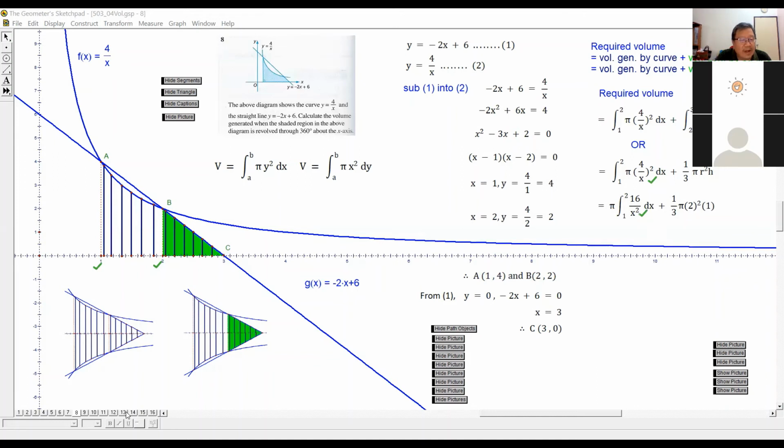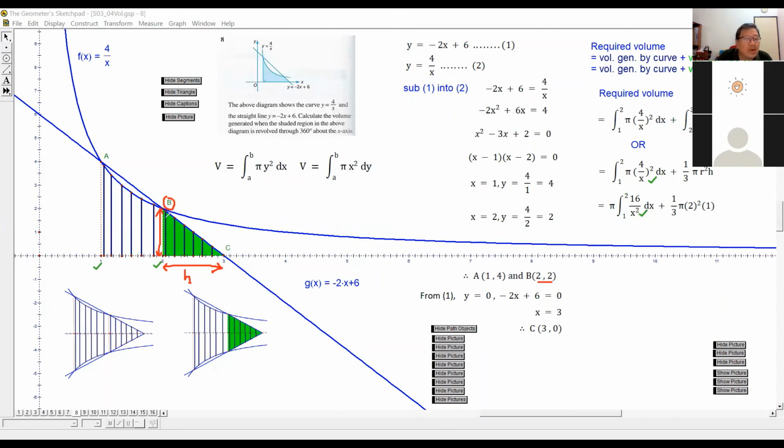What is the 1/3 pi r squared h? Now, this line here, from 2 to 3, is the height of the cone. Then this line here, from 2 to B, is the radius of the cone. The radius of the cone comes from the point B. And B is how much? 2.